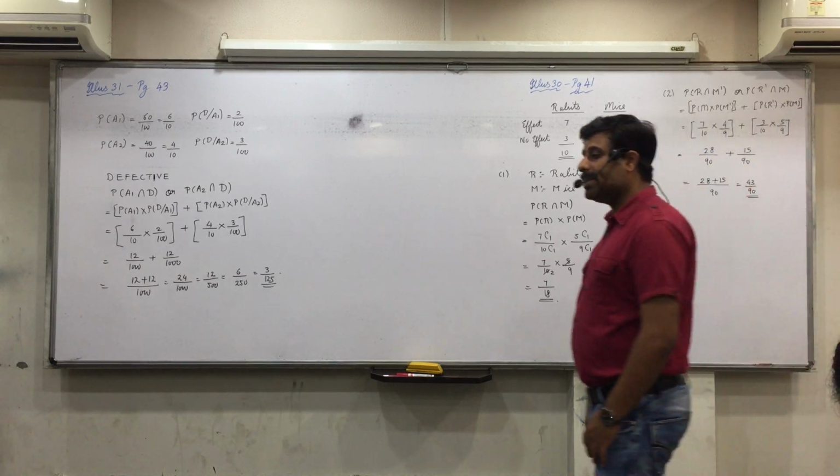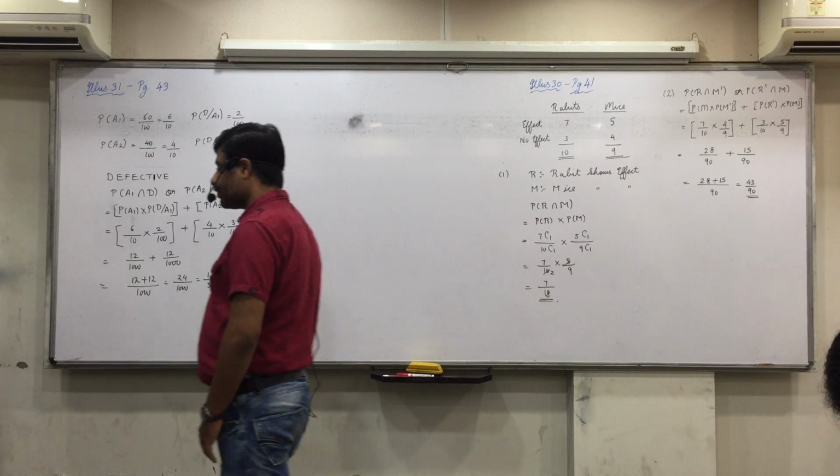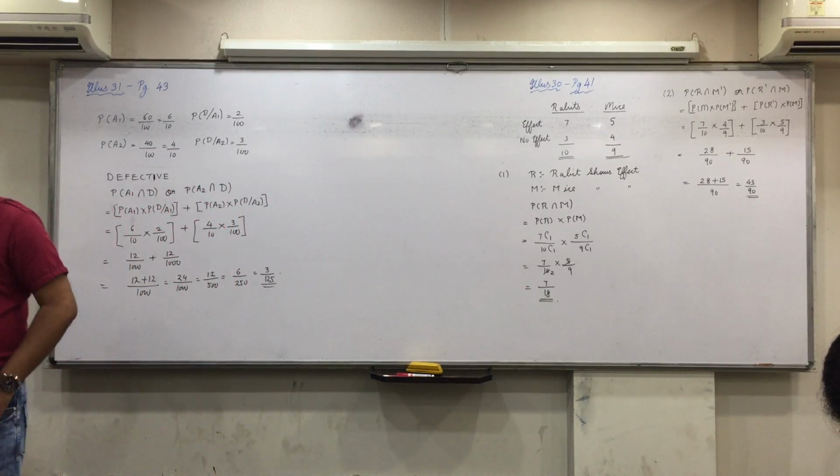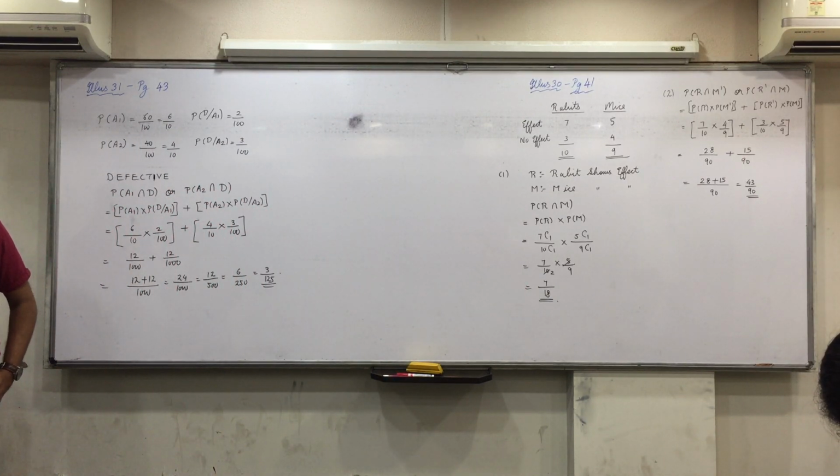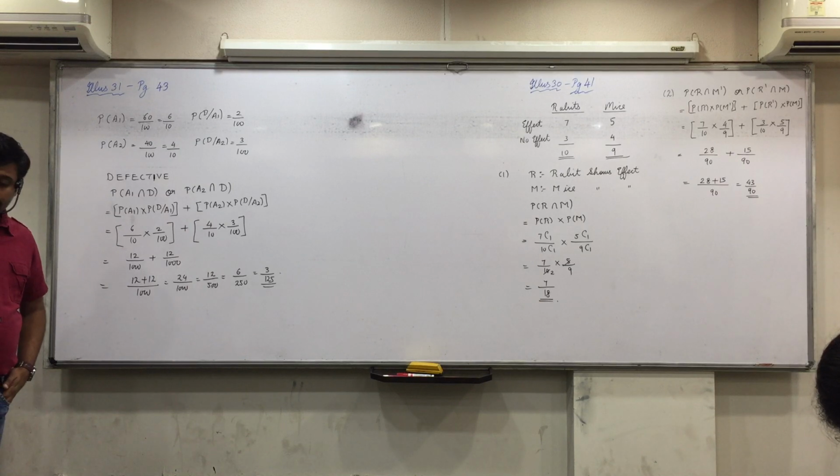Let event A2 be the event that the item is selected from factory A2.